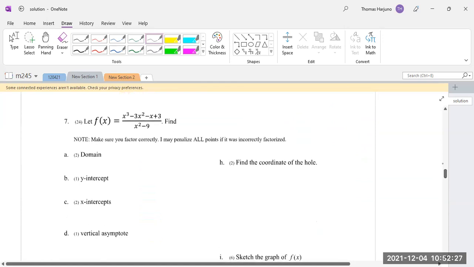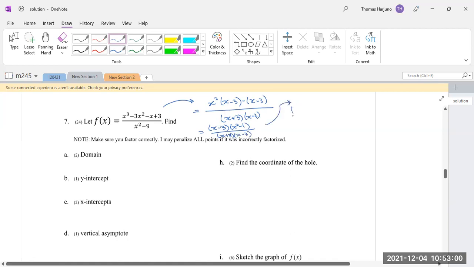Number 3, always factor first. So the top one, I will factor by grouping. So I get x minus 3 times x squared minus 1 over (x plus 3)(x minus 3).